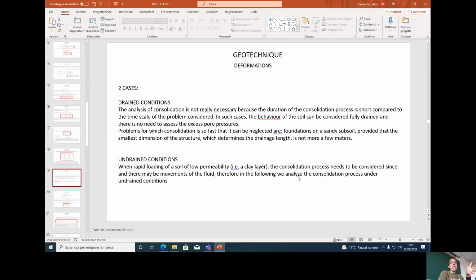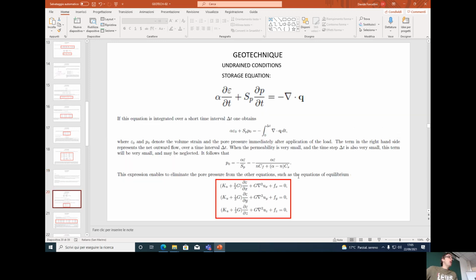So we did the 2 cases of drained and undrained condition. We defined that the drained condition is very close to what you have already seen in the past in structural engineering, while the undrained condition is what we really want to know. And in general, remember, we are talking about clay layers, because we are talking about low permeability.